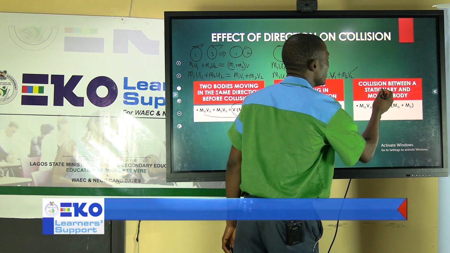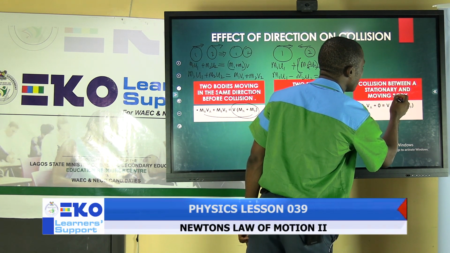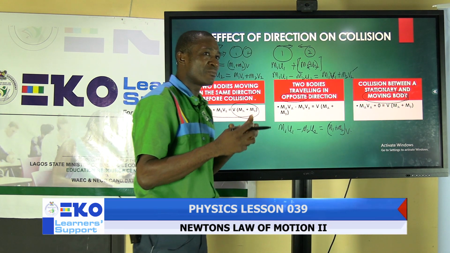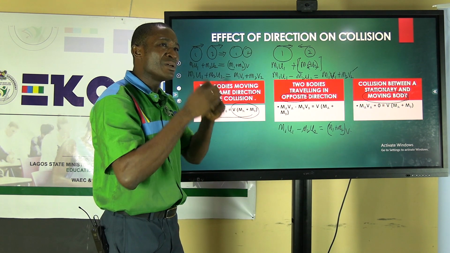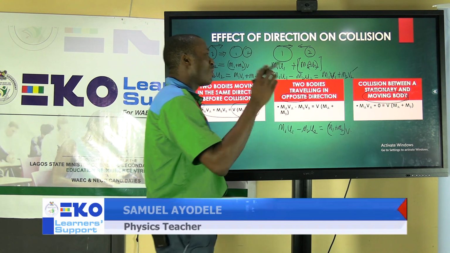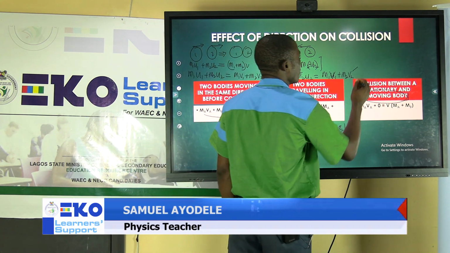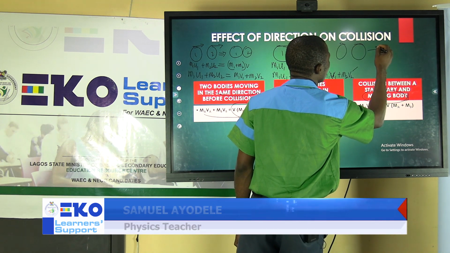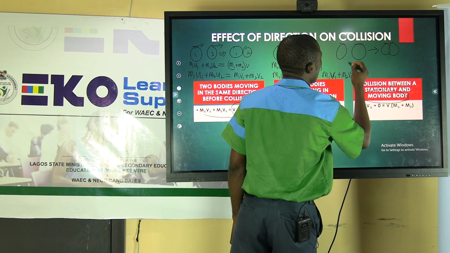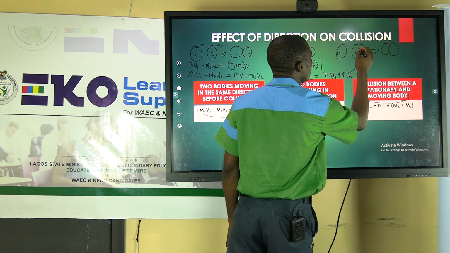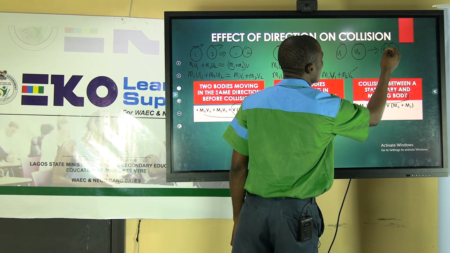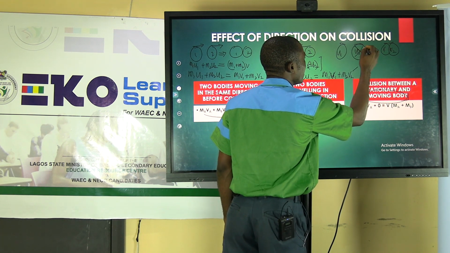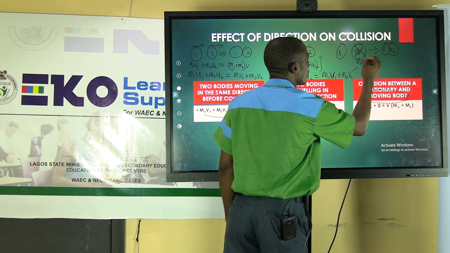But if you're having a collision with a stationary body, a stationary body is an object that is not moving. So once the object is not moving, initial velocity is 0. So if this is having u1, u2, v1, v2, if this is stationary, it means u2 is equal to 0.